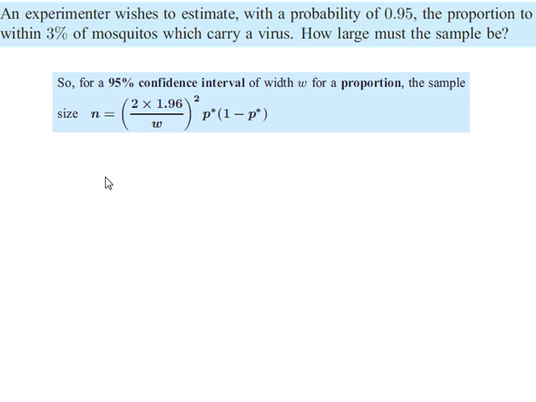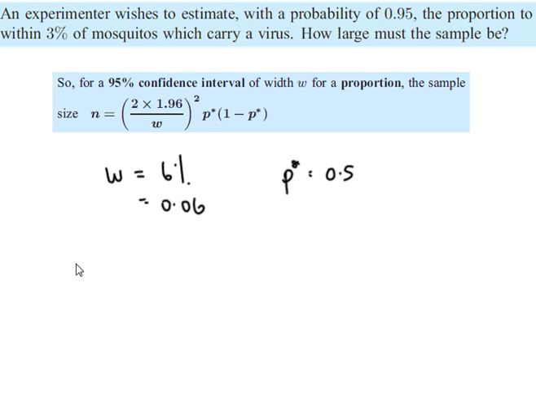In this case, we would need to replace the value of W by, now, if we're within 3%, that's 3% either side. So the width would be 6%, so 0.06 would be the value for W. And we are not given the sample proportion, so therefore we can estimate it to be a half, 0.5.